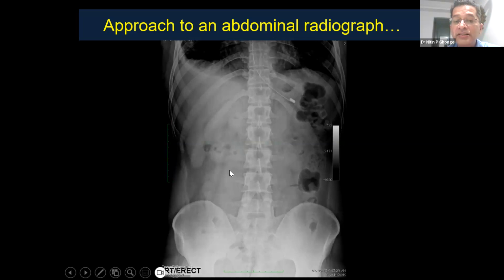The course of the ureter is important, as we can see the transverse process on both sides. So this is the course of the ureter, and at the level of pelvis, the ureter goes laterally and then it turns medially to join the vesico-ureteric junction. So the KUB region should be clearly seen for any abnormal density on a radiograph of abdomen.